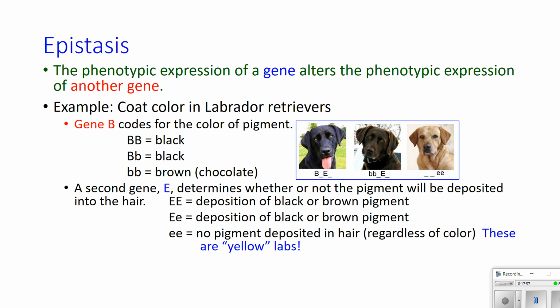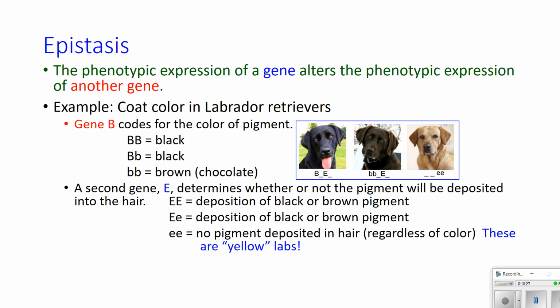It's kind of a weird choice, but this second gene, gene E, codes for whether or not the pigment, which remember can either be black or brown, is actually deposited into the hair follicle as the hair grows. So if the pigment is not deposited, it doesn't matter what color it is.